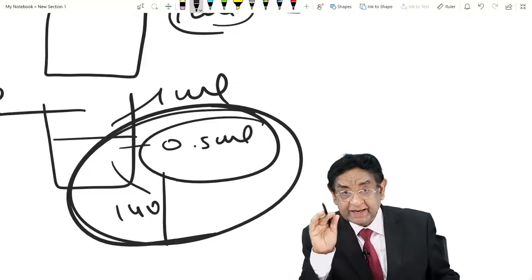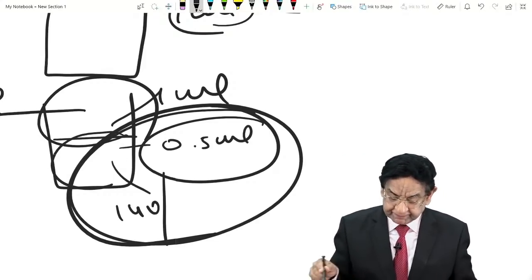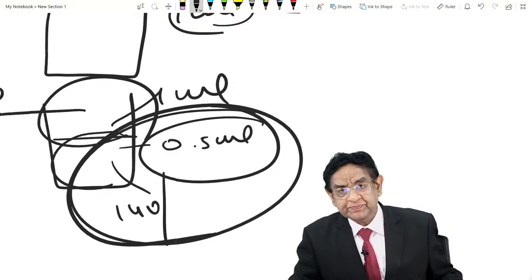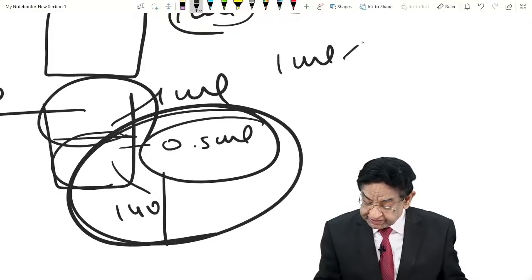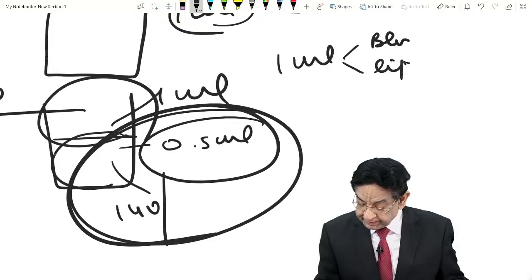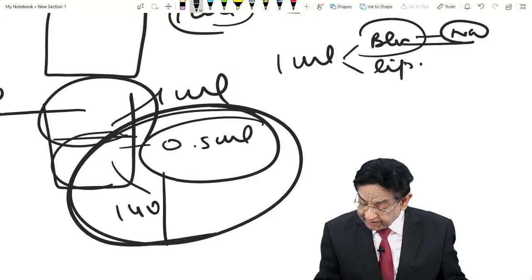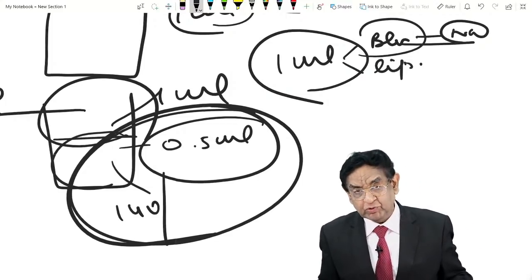But here we are not taking only the blood sample, we are including lipid also. So now we are calculating 1 ml which is blood plus lipid. So although the sodium level is normal as per blood, if you go by total, the volume goes down.